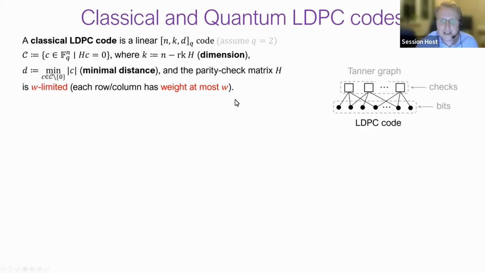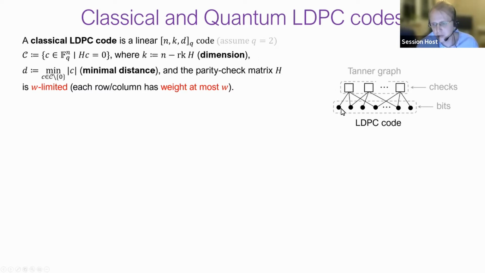We usually represent classical LDPC codes by Tanner graphs. These are special bipartite graphs with two parts. The first part of nodes corresponds to bits, and the second part of nodes corresponds to checks. Each check is just one row from this parity check matrix.